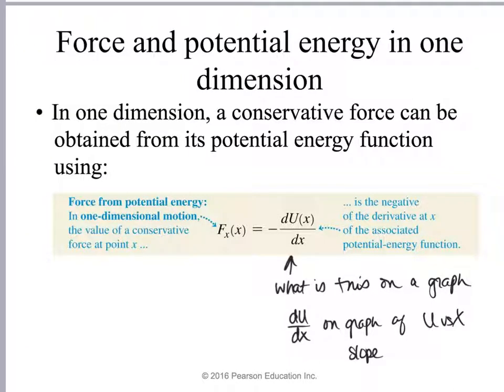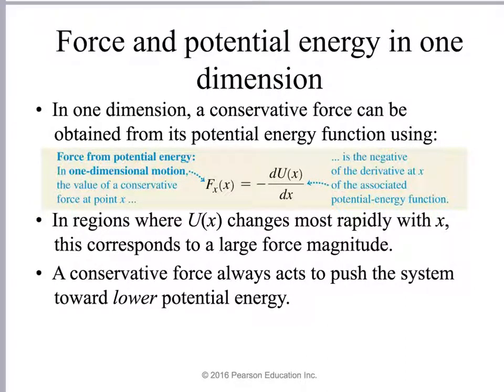So that's something that we want to keep in mind: if we have a graph of the potential energy function, the force is actually related to the slope. It's actually minus the slope, and we're going to see that in a few slides. So we have that relationship in one dimension between the force and the potential energy function.